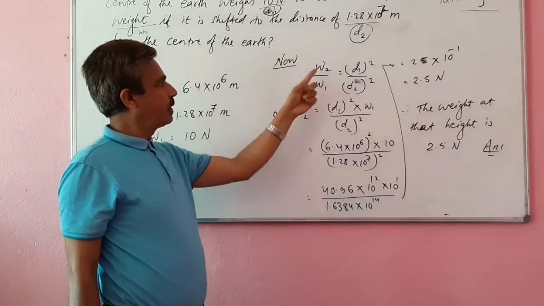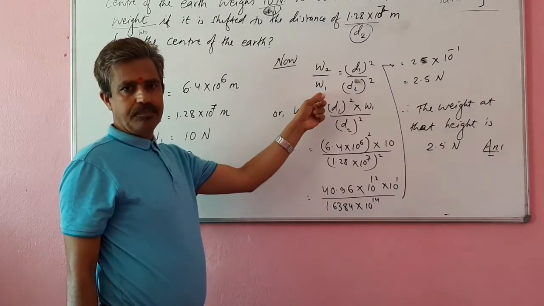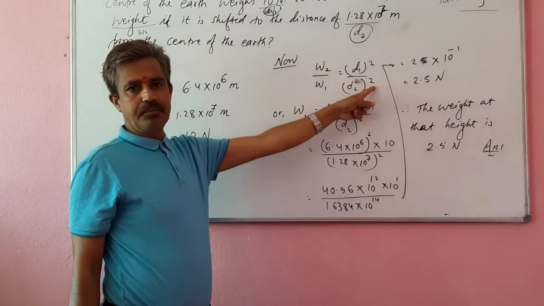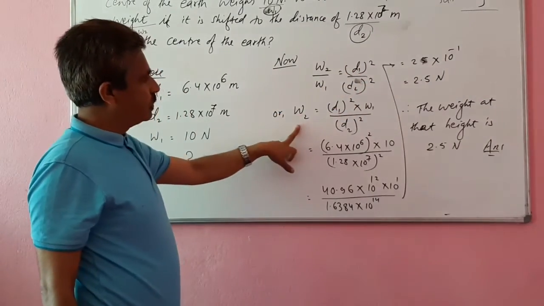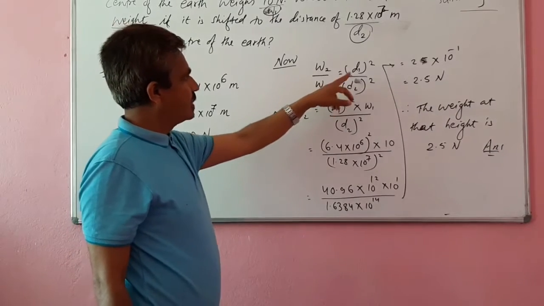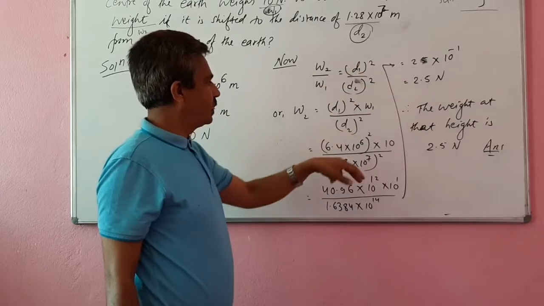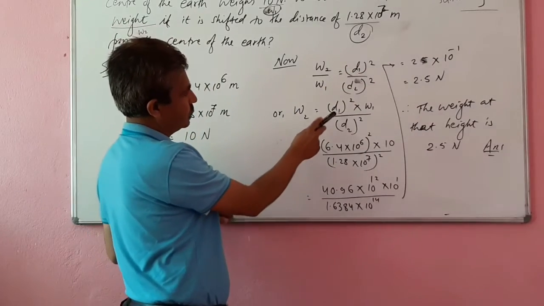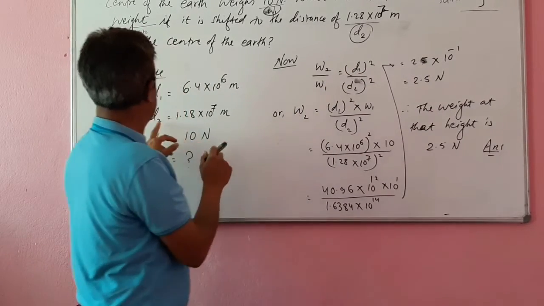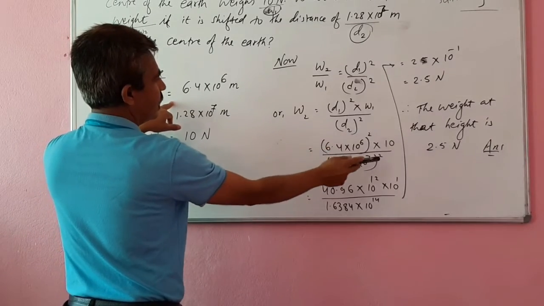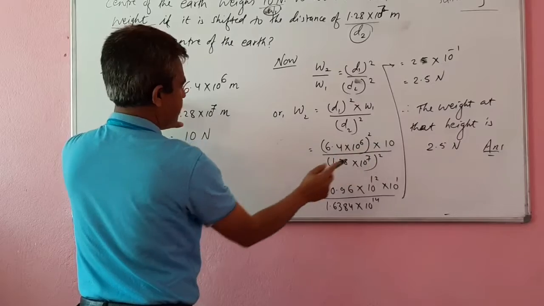What is the formula? W2 by W1 equals D1 square by D2 square. We have to calculate W2. So the formula is D1 square by D2 whole square multiplied by W1. Substitute the value. D1 is 6.4 times 10 to the power 6 whole square. W1 is 10.